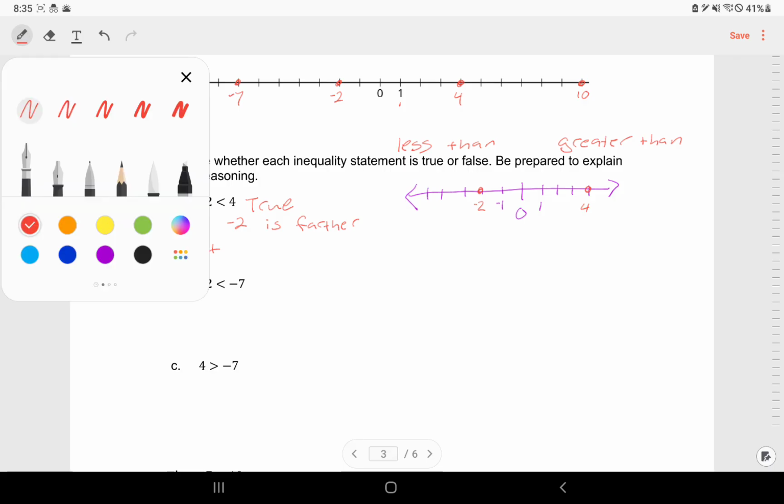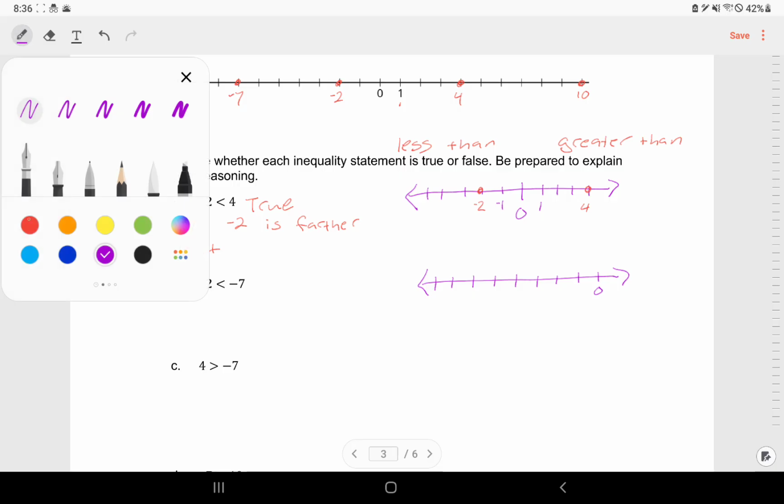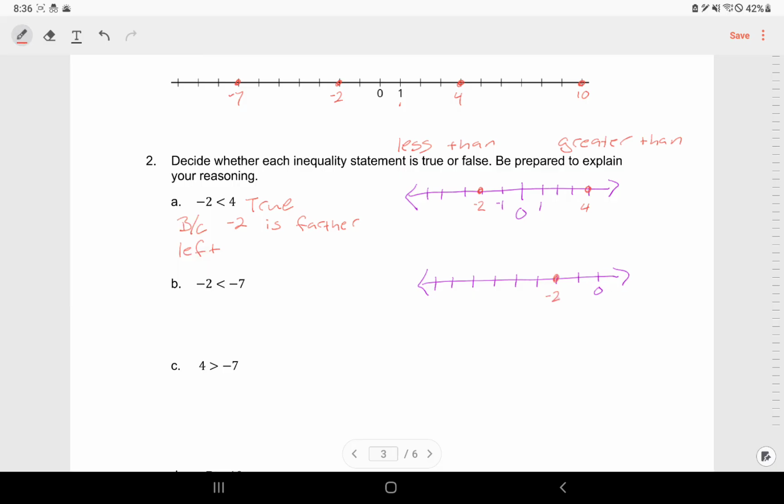Now, for the second one, for B, well, if that's 0, that's negative 2. Well, negative 7 is farther left.